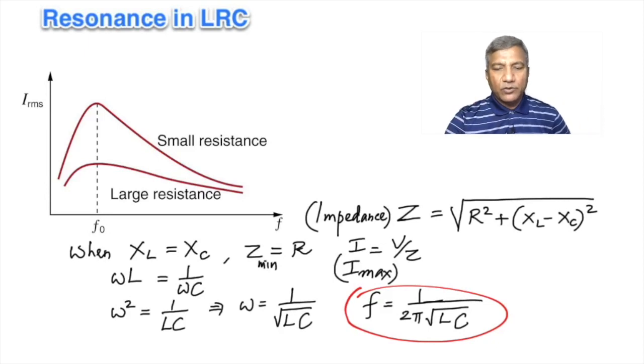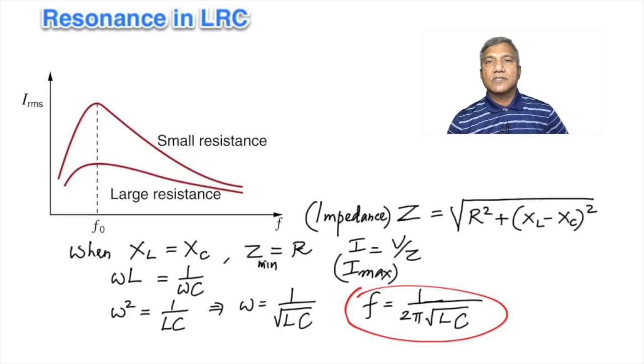That's why you have two graphs here, one for a smaller resistance, the other for a larger resistance. You see that the current becomes maximum at this frequency for both, but the maximum value of the current is much smaller here than for this one because the resistance is large. I hope that makes sense.